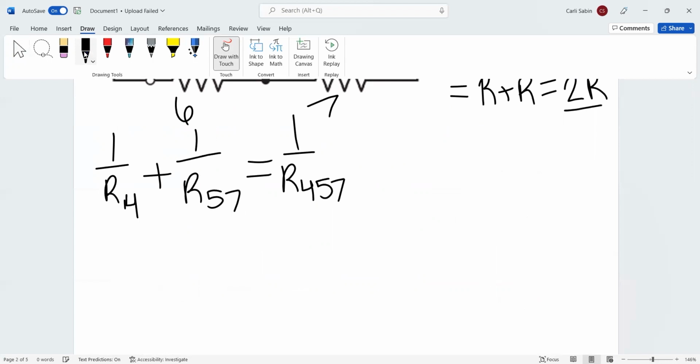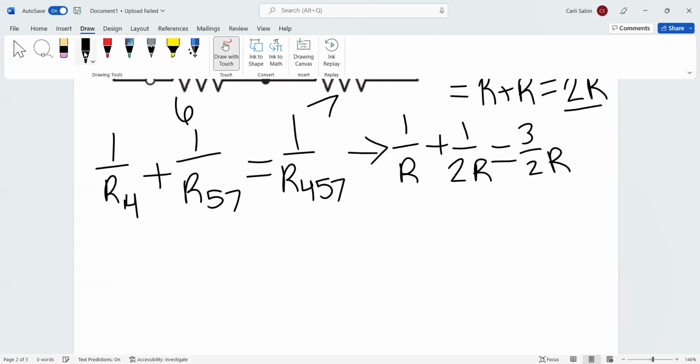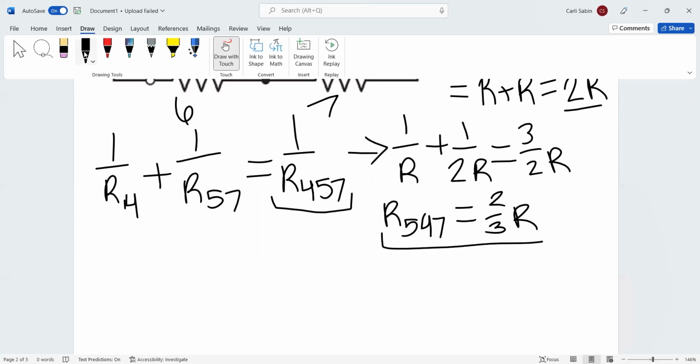This gives us 1 over R, because that is our value for R4, plus 1 over 2R, which is our value for R of 5, 7. And this will give us 3 over 2R. But since our equation has 1 over this resistance, we're going to have to flip it. So that's going to give us that R of 4, 5, 7 is 2R over 3. And that will be the value for that.